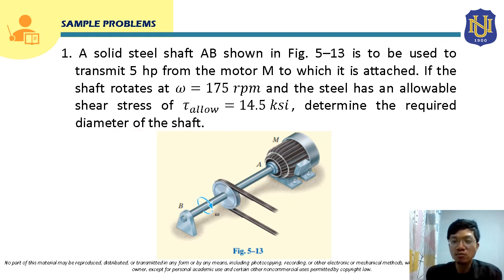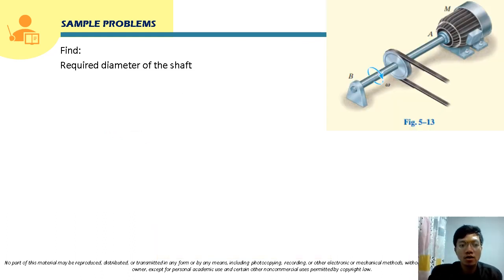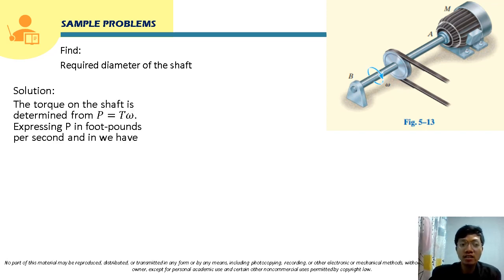Okay, so let's solve this problem. We are going to solve for the required diameter of the shaft. In order for us to solve this, we have to solve first for the torque using this formula.